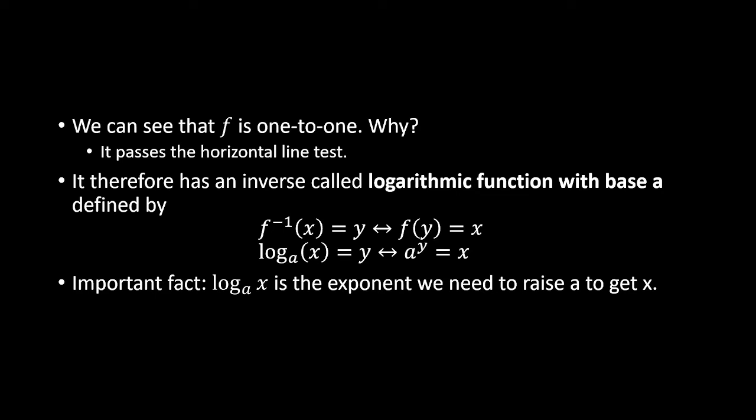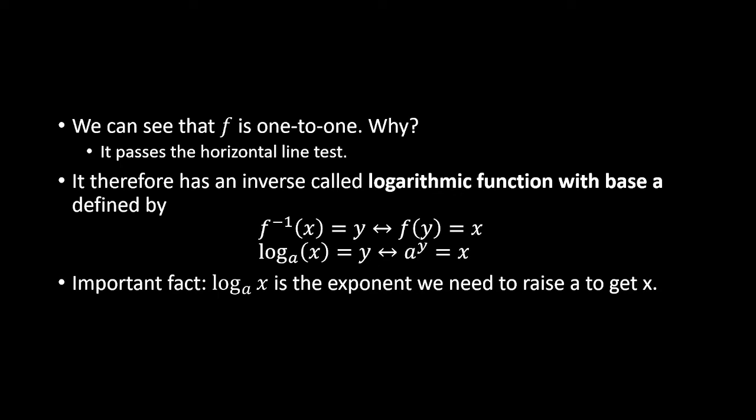So basically, you have f inverse of x equal y, or f of y equal x. Similarly, log base a of x is equal to y, where a to the y equals x. So log base a of x is the exponent you need on base a to get x.